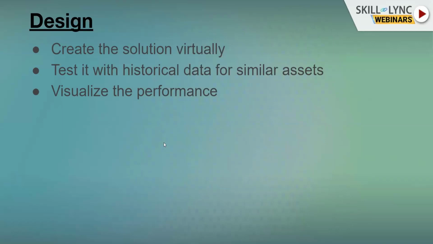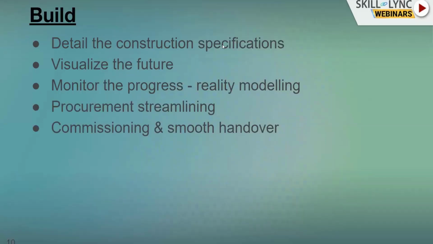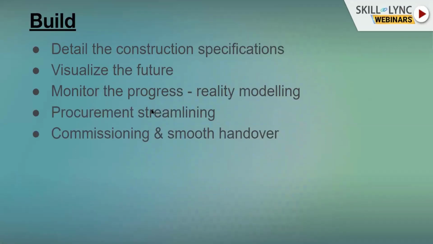Let's move and see what is being done on the build side of it, and how digital twin helps in the build phase. So in the build phase, what is happening? For example, there is a construction of a factory going on. Over there, you have a lot of things, and you need to know the stage of the current progress of that particular factory.